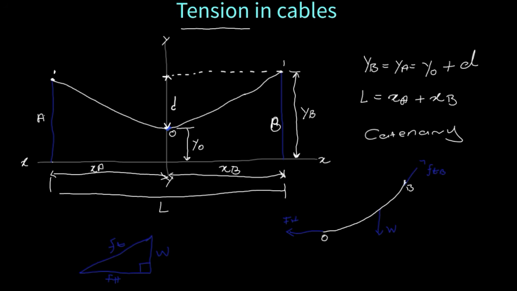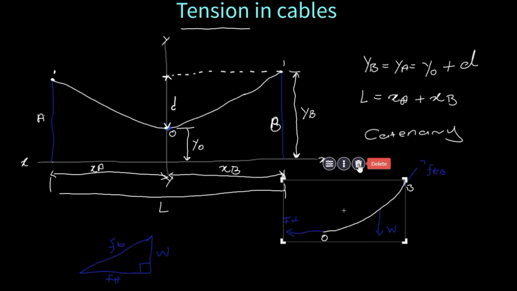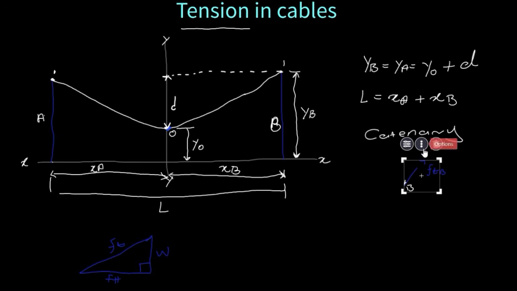Let me remove this. And what's the one thing that we know about a right angled triangle? Pythagoras theorem. Ft squared is equal to W squared plus Fh squared.